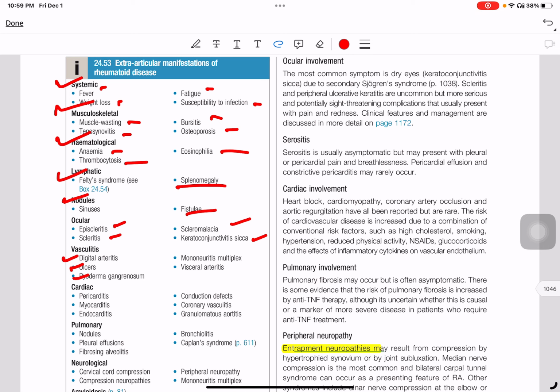In neurology, there may be peripheral neuropathy, mononeuritis multiplex. In the heart there may be carditis, myocarditis, pericarditis, endocarditis, conduction defect, coronary vasculitis, granulomatous aortitis. In the lung there may be pulmonary nodule, effusion, bronchiolitis, and Caplan syndrome, that is the lung nodule in the lung.